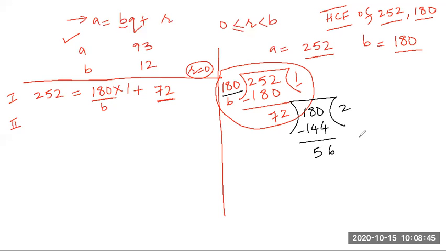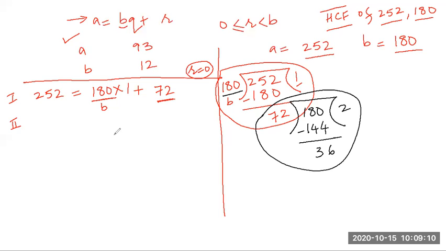I subtract this, I get 36 here, right? 144 plus 36 is 180. All right. Now my remainder is not 0, but how do I express this step in terms of the Euclid division lemma?